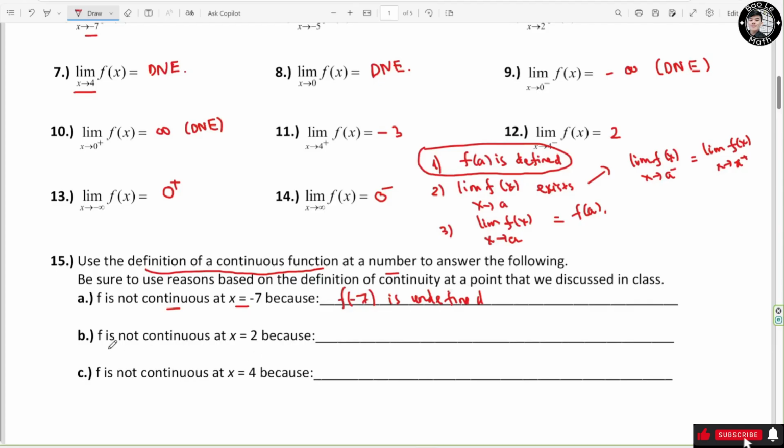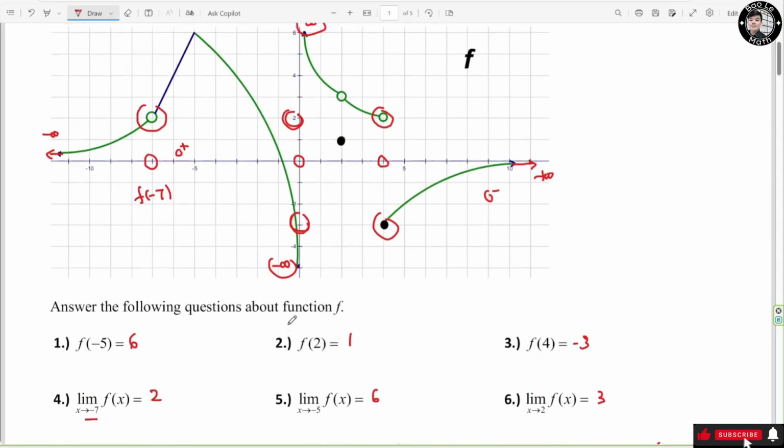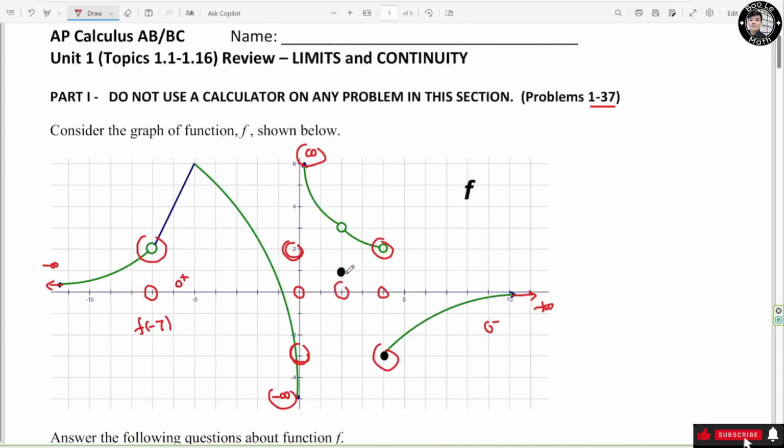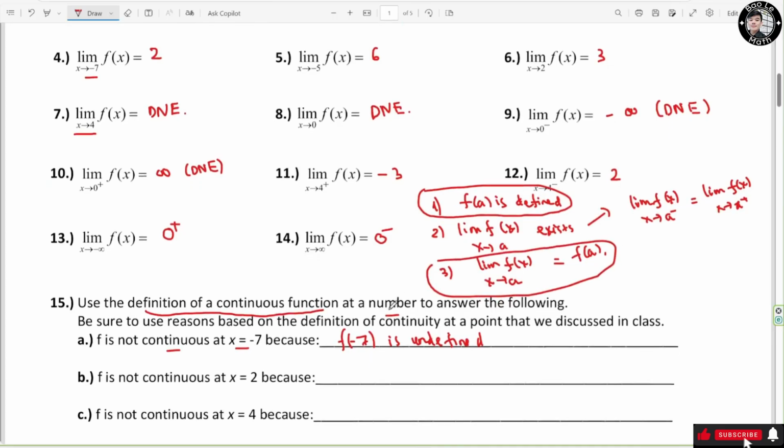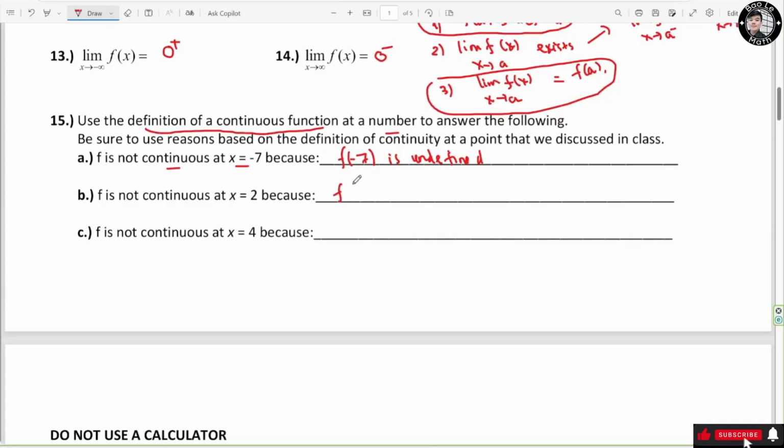Question B, the function f is not continuous at s equals 2. S equals 2 is going to be right here. The limit is here, right? F of 2 is defined, right? But they're not going to be the same, right? So number 3 right here does not satisfy, right? So you need to say f of 2 is not equal to limit of the function f of s when s approaches 2, right?